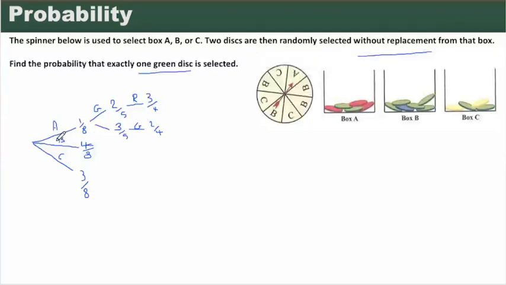I will go for the spinner selecting B, and I will go for box B. For box B, if the first is green, it would be 4, no, sorry, 5 over 6.